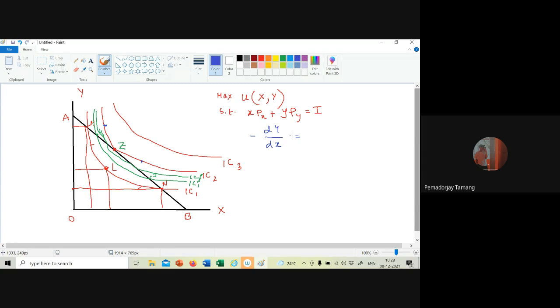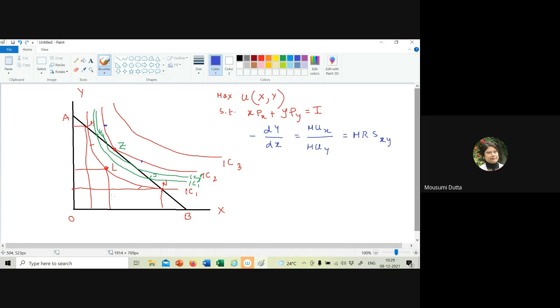It is given by U1 by U2, which we also call MRSXY. That is the slope of the indifference curve.